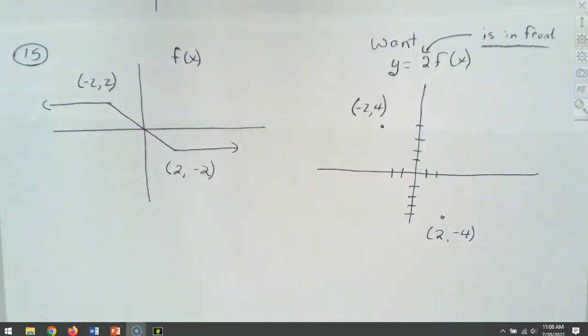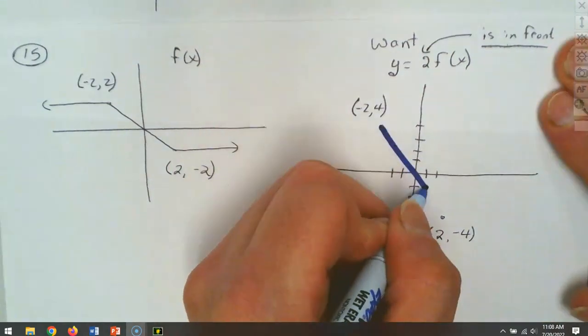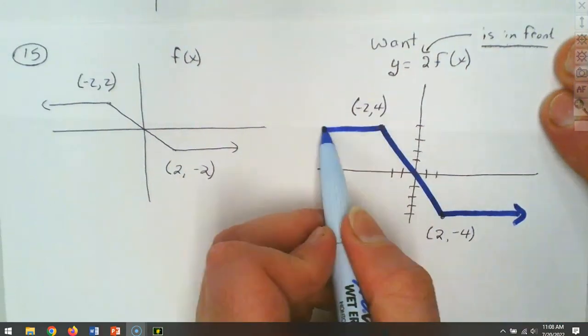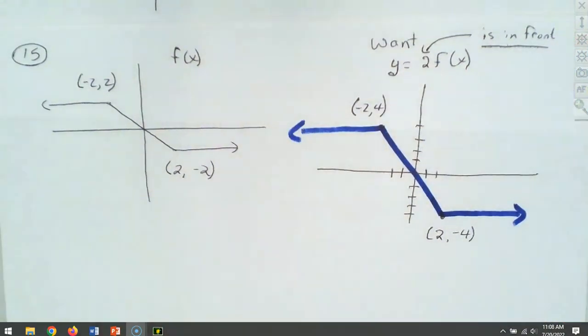And now when I connect these together, look at what has happened to your picture. You've doubled the size of it. If it was a negative, you would flip it over. This one is doubling it. The 2 makes it double in size. So you keep the x component, you double the y value.